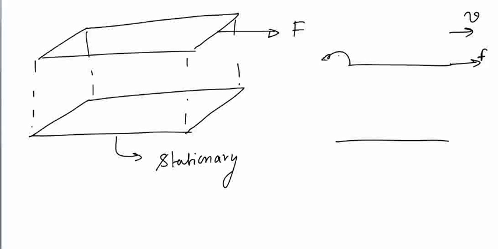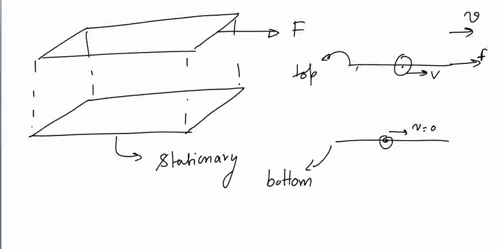This is my top plate and this is the stationary bottom plate. Now this is stationary, so velocity of the fluid near this surface will be 0. Velocity of the fluid at this point will be V. So there will be a velocity gradient, or change in velocity with y.